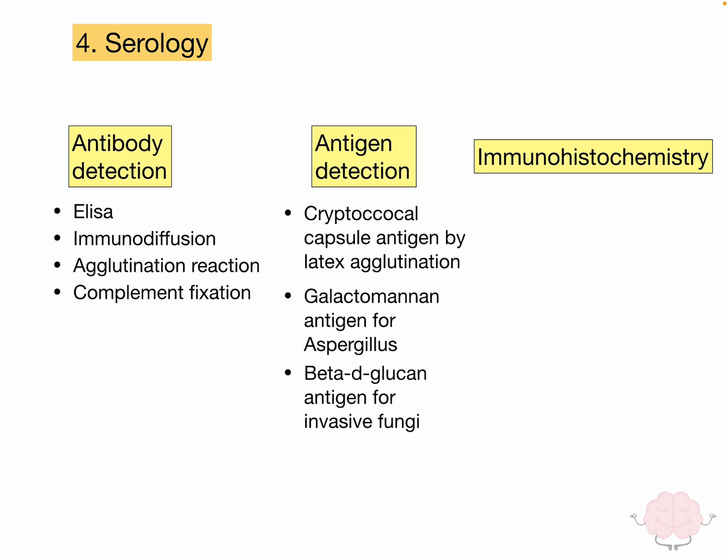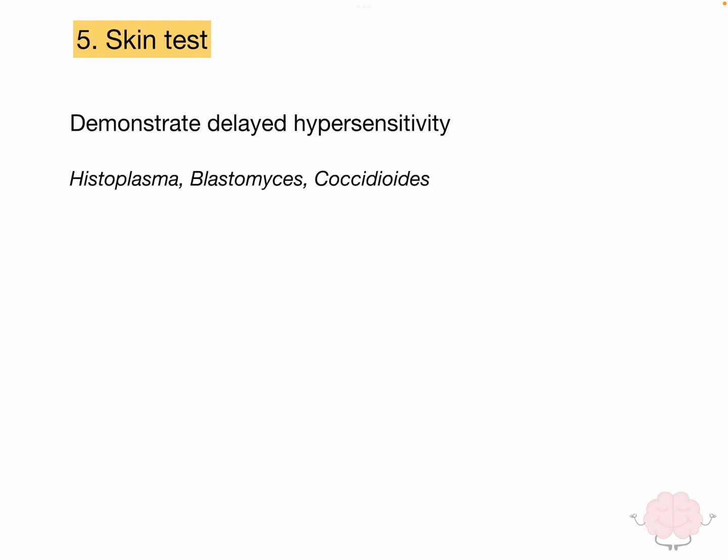Right? Immunohistochemistry we do for deep mycosis, where we try to identify antigen present over the cells which are part of the tissue specimen we have received. Right. The skin test is used to demonstrate delayed hypersensitivity, used for Histoplasma, Blastomyces, and Coccidioides.